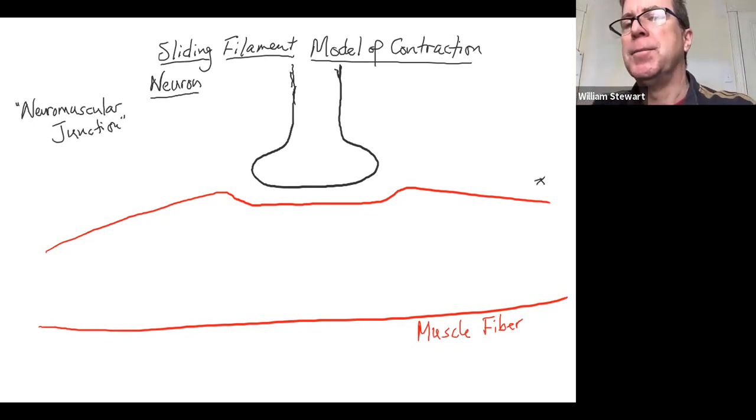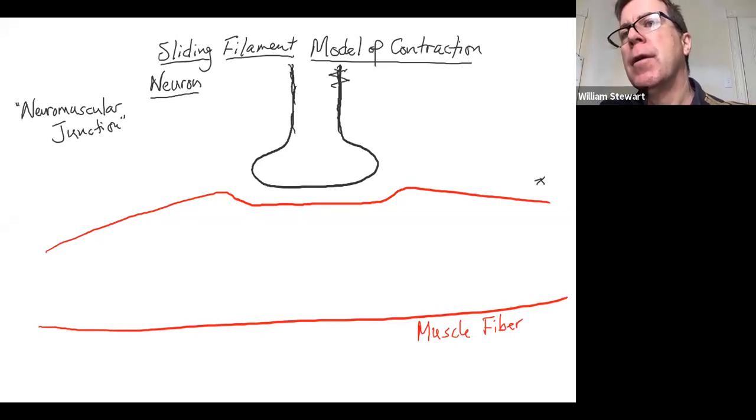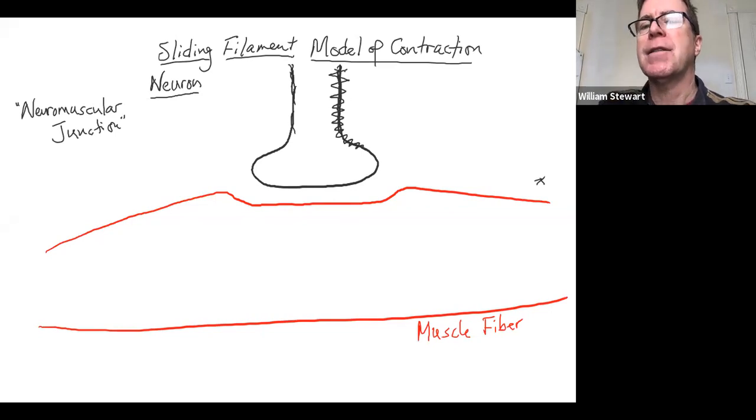So this neuron, when it fires an electrical impulse, that electrical impulse travels down the axon, which is this stem, and it gets to the end of the axon, which we call the axon terminal.